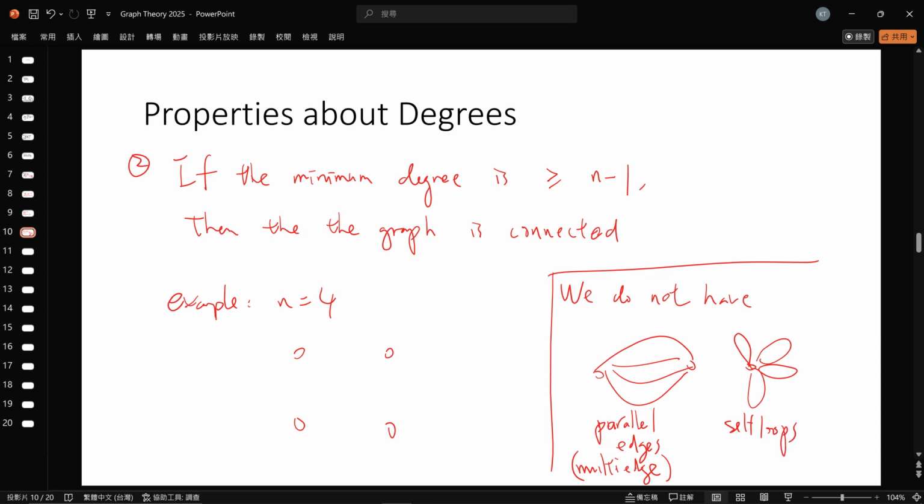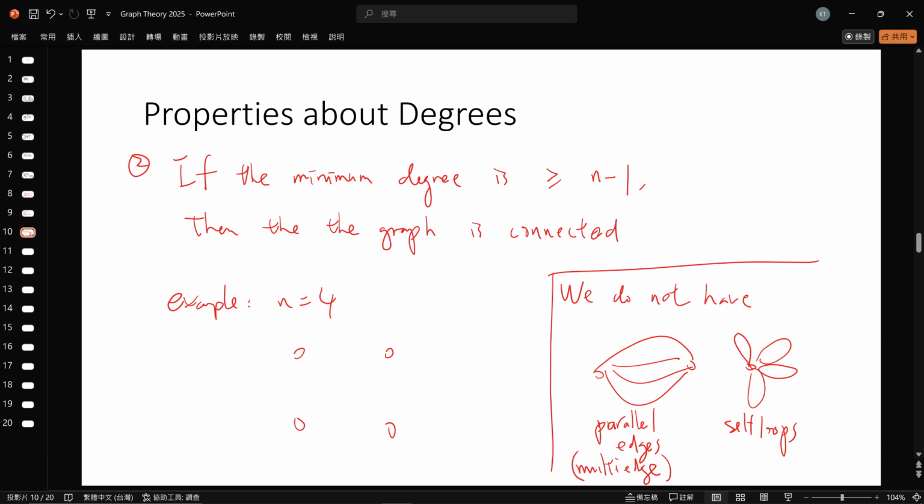And edges like this are called self-loops, because it only has 1 endpoint. So the edge goes back to the original endpoint. So we do not have these self-loops.